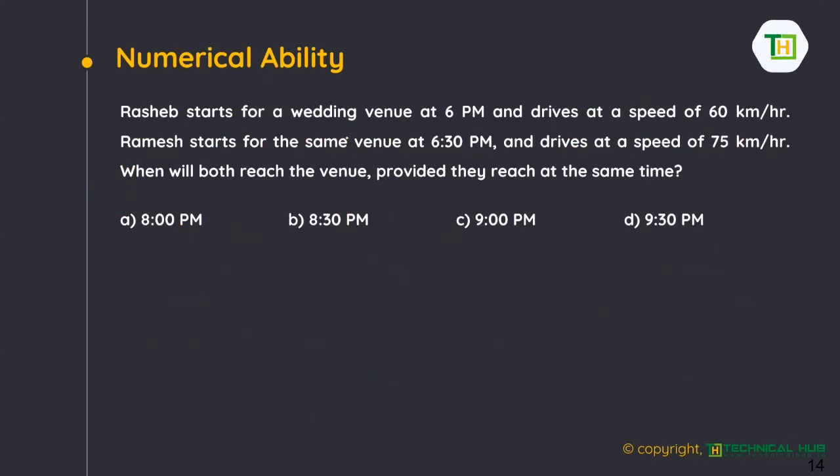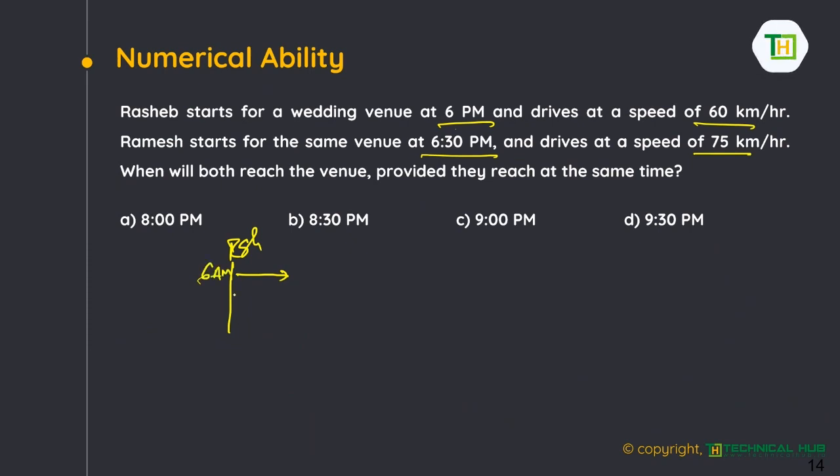Rushdie starts for a wedding venue at 6 p.m. and drives at a speed of 60. Ramesh starts for the same venue at 6:30 and drives at a speed of 75. When will both reach the venue, provided they reach at the same time? Initially, the first person, Rushdie, started from this position at 6.